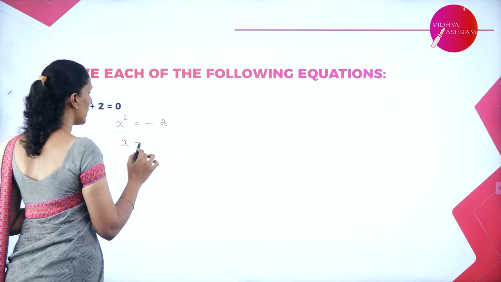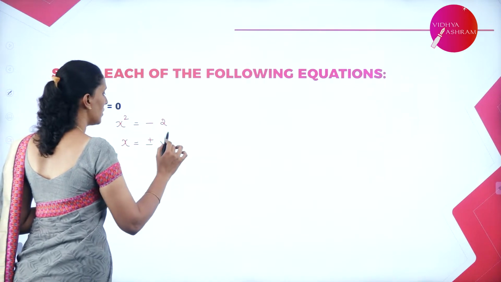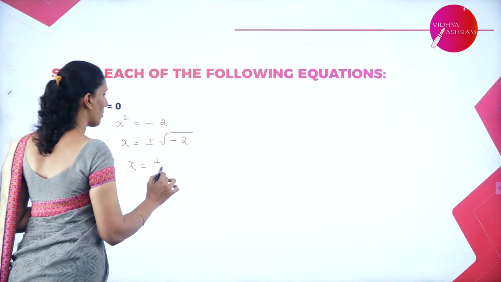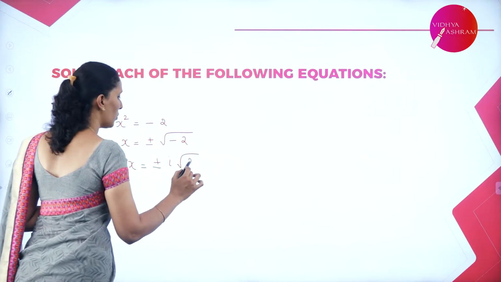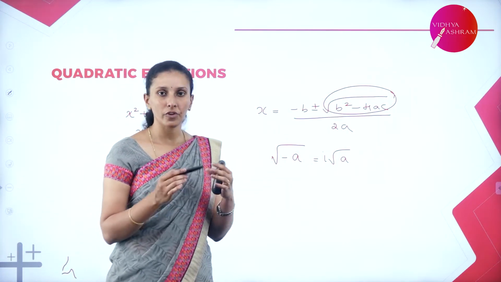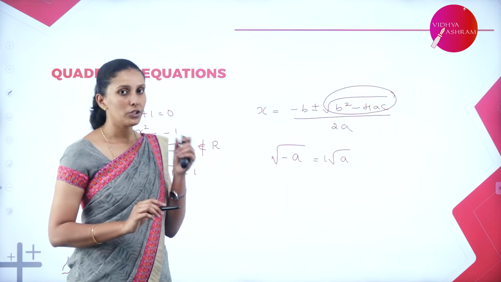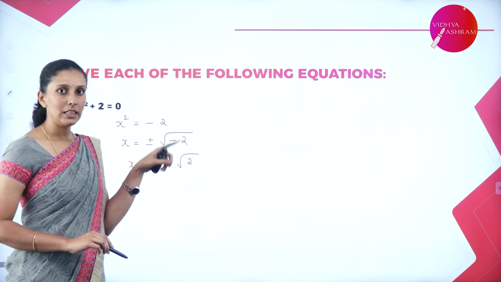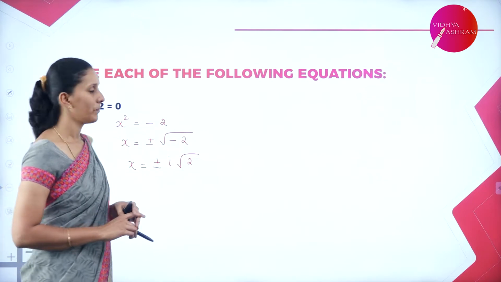We'll get x is equal to plus or minus square root of minus 2, or x is equal to plus or minus i root 2. So I told you if you get any negative number under the square root, just write it in the form of i root a, which will be the solution of the given quadratic equation in the set of complex numbers.